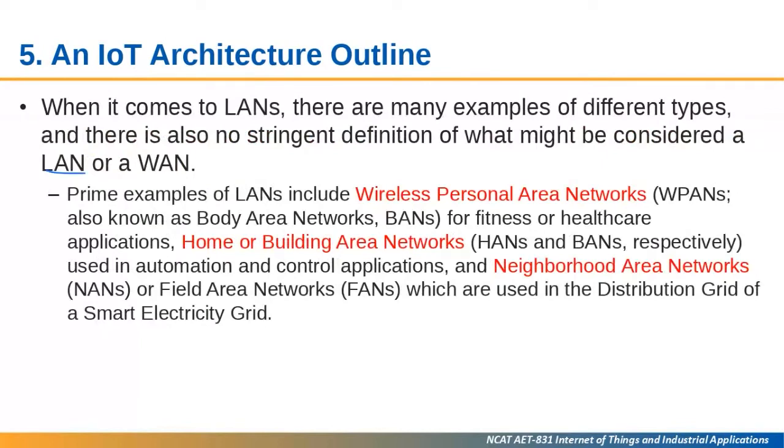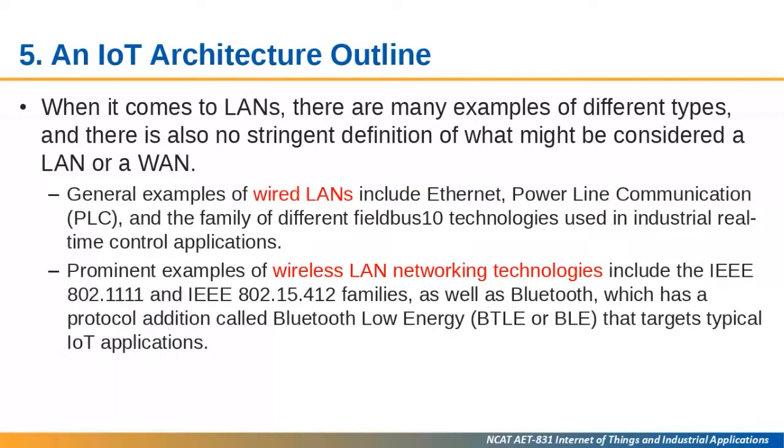For local area networks, prime examples are the body or personal area network, which is used for healthcare applications, the home and building area network, which are for automation control applications, and the neighborhood area network, which is for the smart electricity grid. Yeah, these terms may still look quite new to you, but if we put it into practice, we see that for the wired LANs, we have Ethernet, right?